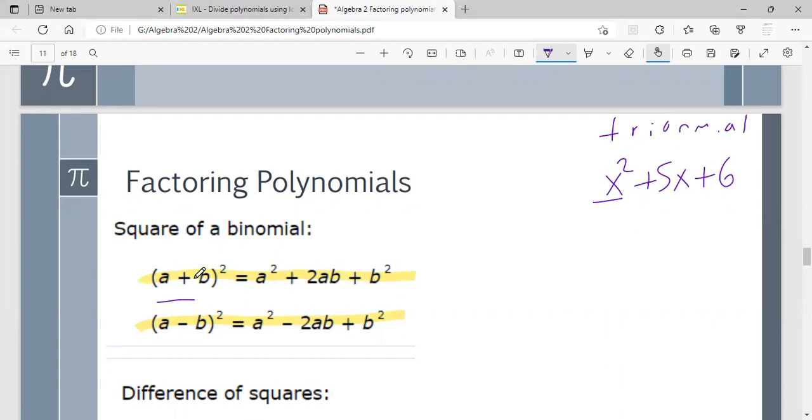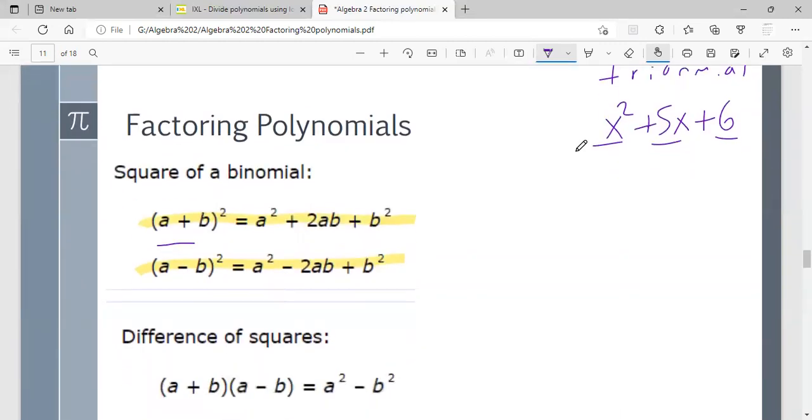You got 1, 2, 3 terms. But more on that later. So I gave you a quadratic that looks like this. And its factor form, again, what two numbers when you multiply together give you 6, and the same two numbers when you add them give you 5. So x plus 2, x plus 3.